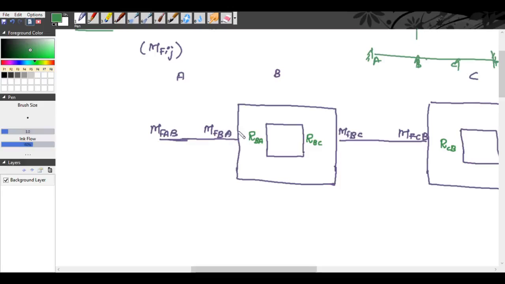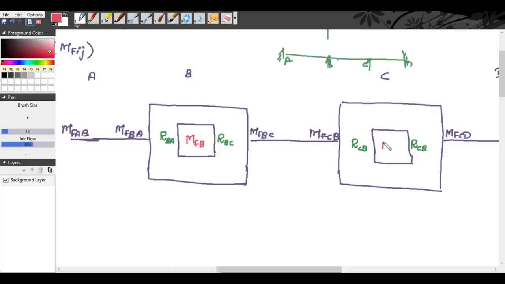You add these two, and that is your restrained moment at B. The restrained moments have to be written inside the inner box. That is MB here, and here you will be writing MC: add these two and you will get MC.